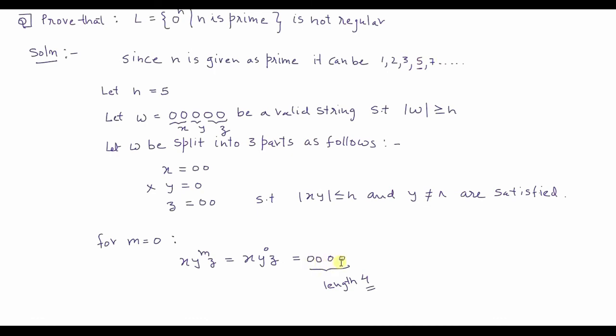But we have got a string over here with length 4, and since 4 is not prime, I can easily say that the string that we have got here does not belong to the language. Therefore the given language L is not a regular language.